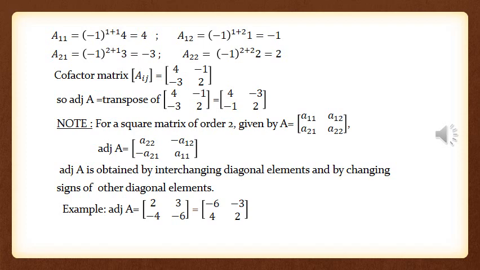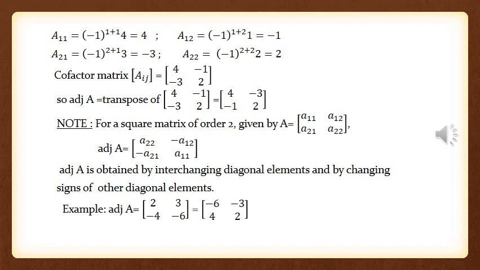For example, adjoint A of matrix 2, 3, negative 4, negative 6. Diagonal elements are 2 and negative 6. These you interchange, so negative 6, 2. Then change the sign of the other elements. So this 3 will be minus 3, minus 4 will be 4. This is the way we can easily find adjoint of a 2 by 2 matrix.